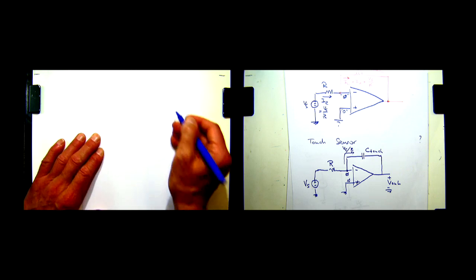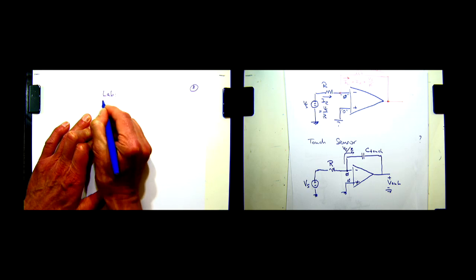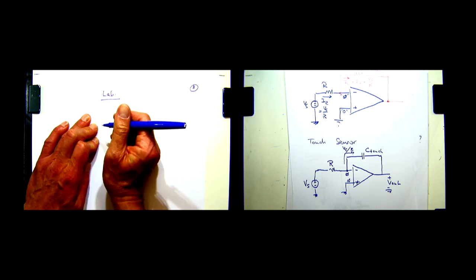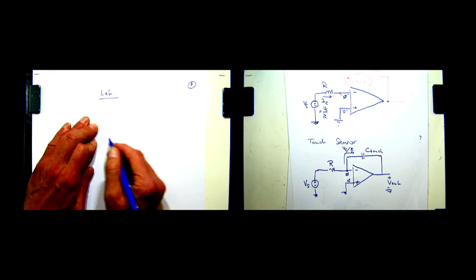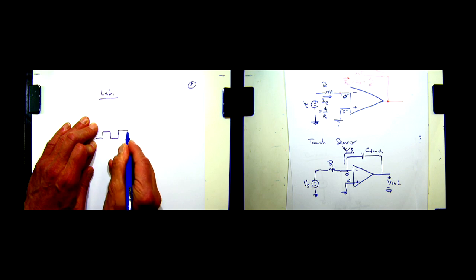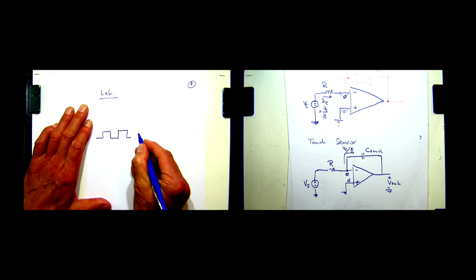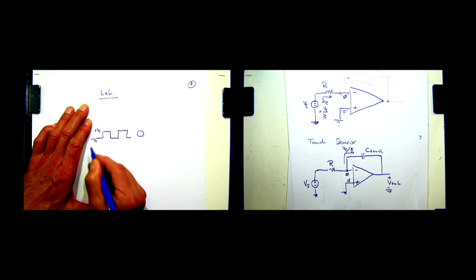So in the lab, you replace Vs with a square wave, and you have a box that does this for you. I have a function generator. You use this for Vs that puts let's say plus Vs and minus Vs alternatively.